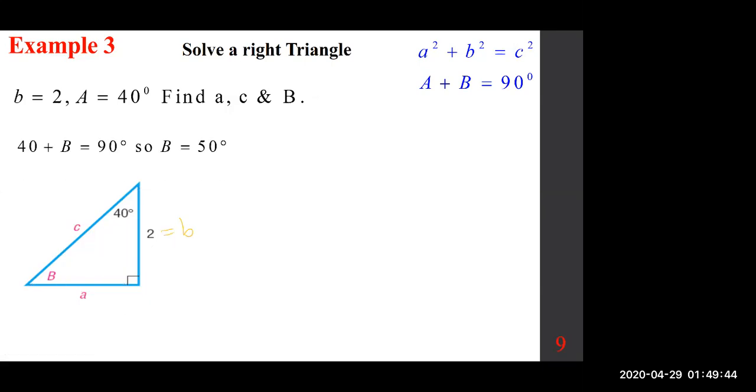Okay, because A plus B is 90 degrees, we can find B. And again, we want to use the given info as much as possible. Okay, sometimes it may not be possible. So now we want to get A and C. Any ideas how we get those?